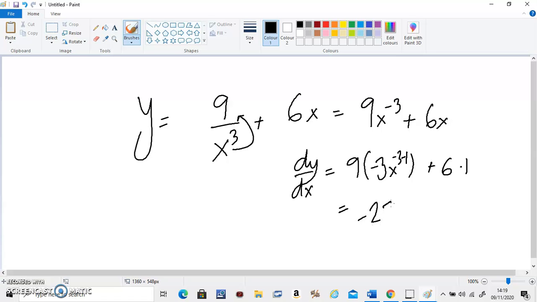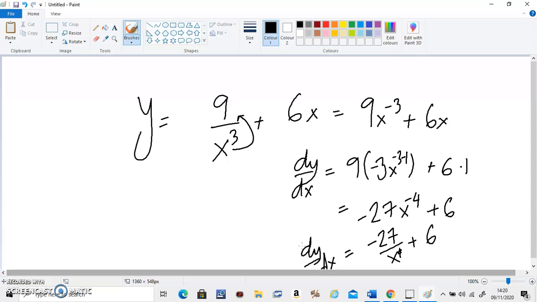You should get minus 27x to the power minus 4 plus 6. This makes it minus 27 divided by x to the 4 plus 6. To make the power positive, you bring it back to the bottom. And remember, final answers should have positive powers. So dy by dx is equal to this.